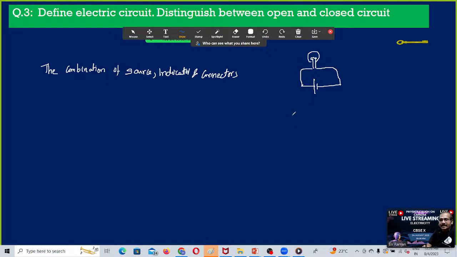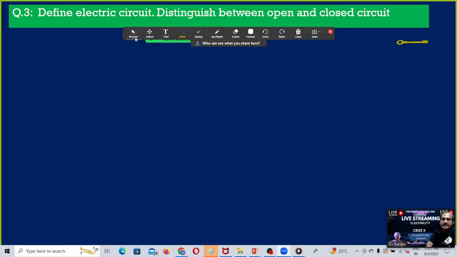When will it be an open circuit? In class we have discussed: the open end of source, indicator and connectors, we can call it an open circuit. The closed end of indicator, source and connectors, we can call it a closed circuit. So this is the way we need to write this 2 marks question.